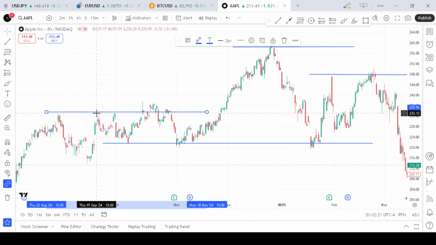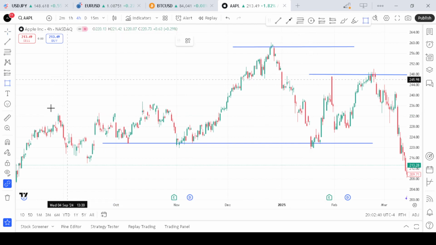We can also consider using zones rather than single lines when price does not always react from a certain level. In examples like this, when price does not always reach that level, when you use a line, you can equally use a zone to understand that level better.